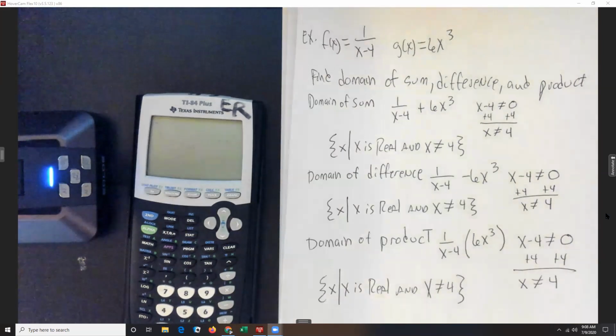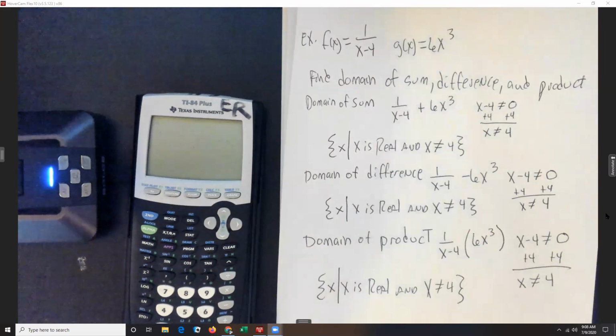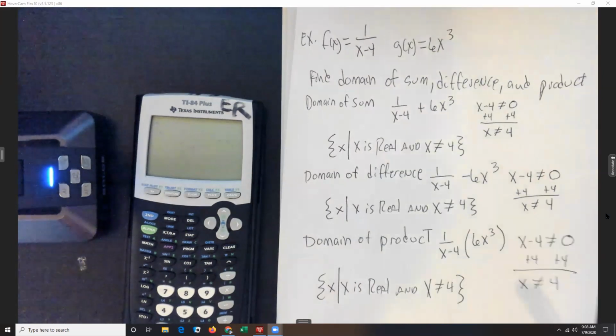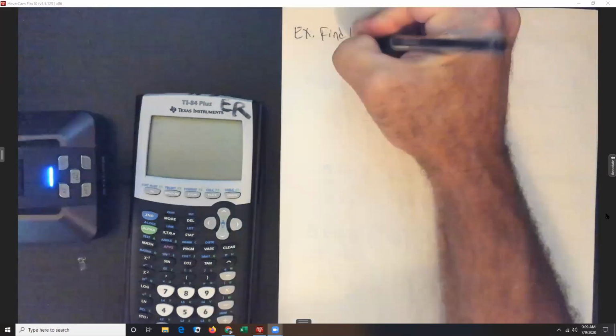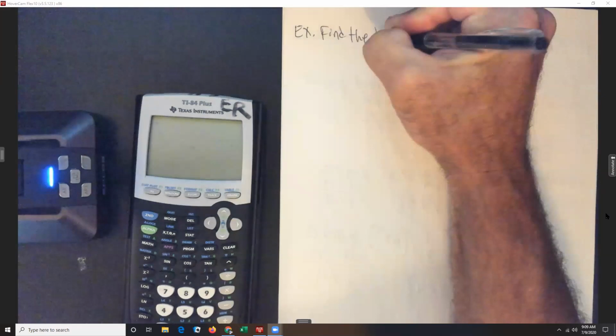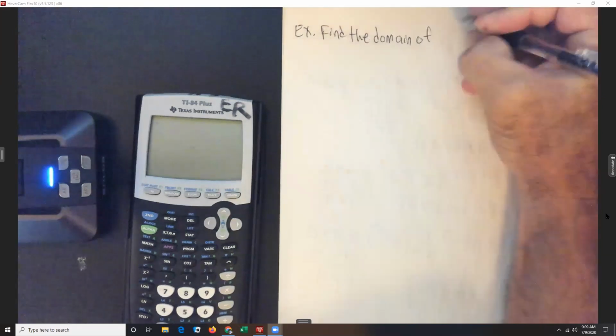Now, this last question I'm about to do does do the quotient, okay? So let me turn this. This one says, find the domain of f divided by g.